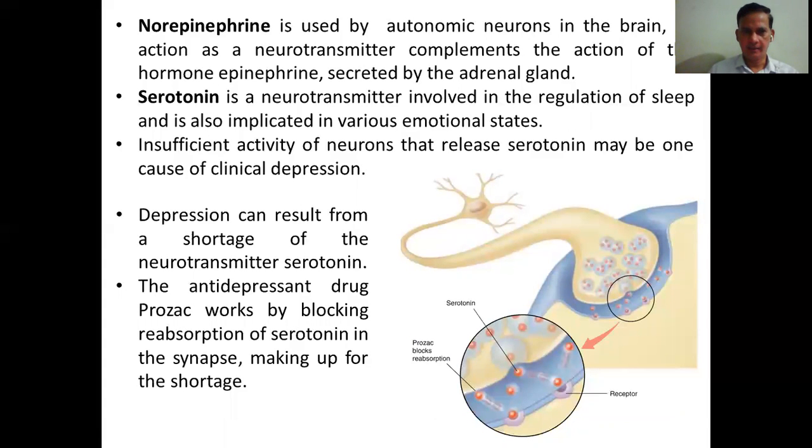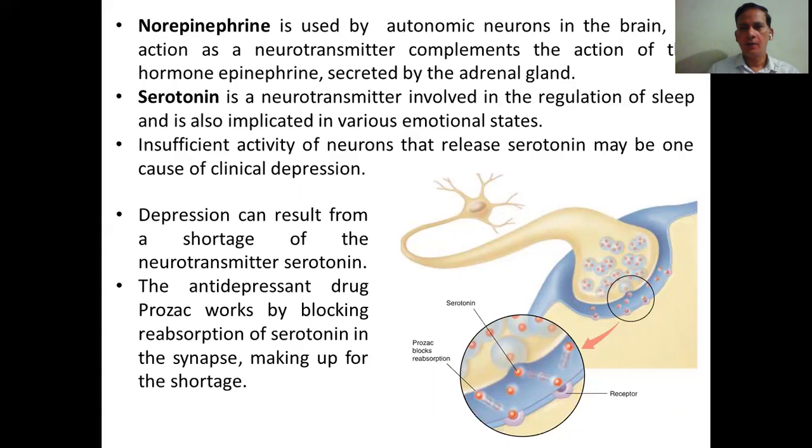There are drugs like Prozac, which are known as antidepressant drugs. These antidepressant drugs are given so that even the small amount of serotonin which is released by the axons is not reabsorbed. It is continuously available to bind to the specific receptors at the terminal of the postsynaptic neuron.